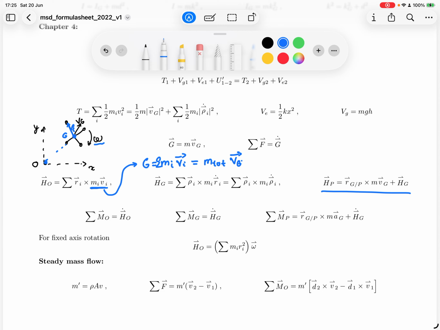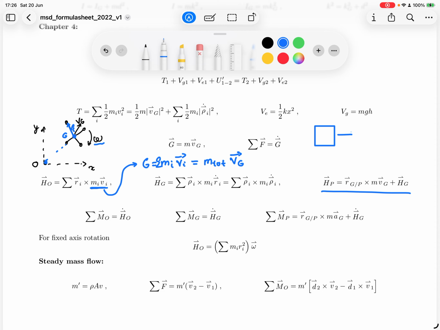So if we're considering the momentum of the entire system, we use Vg, right? And if you remember back to FSK, whenever we had something that we wanted to take the momentum of, we wouldn't consider each and every component of that specific object. We just treat it as a singular point, right? That us treating it as a singular point is us basically looking at how the center of mass of that object moves, right?